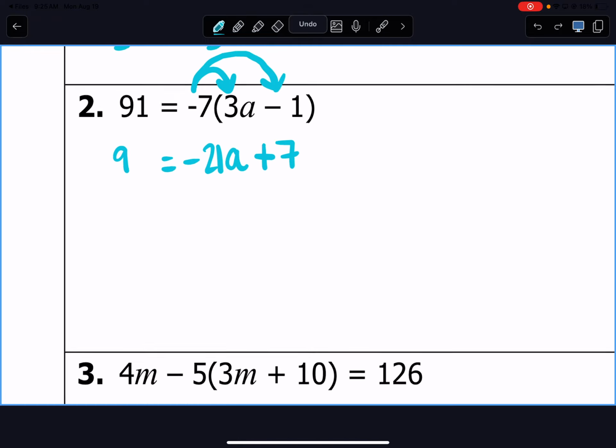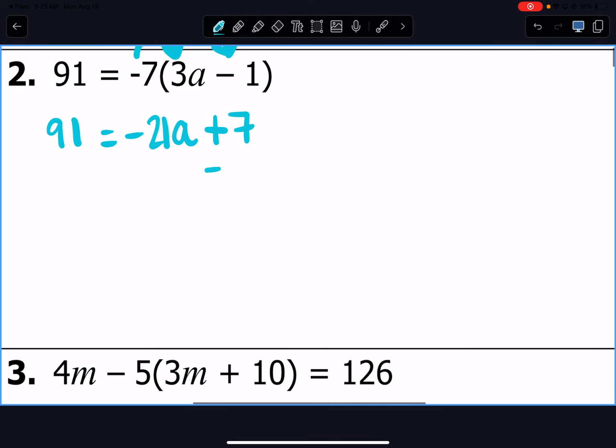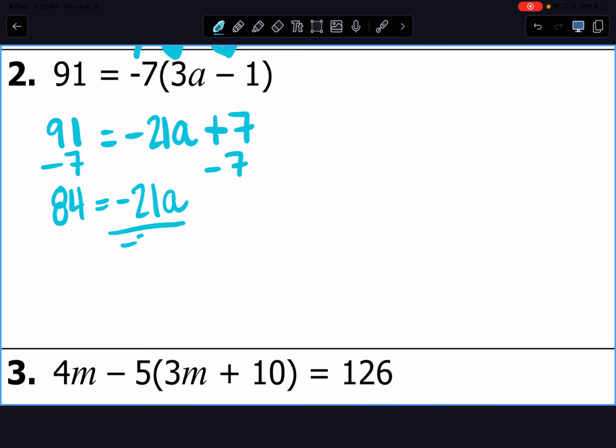What do I do about solving that? We get 84 equals -21a. Now what? Just 21 or -21? And we get -4 equals a.